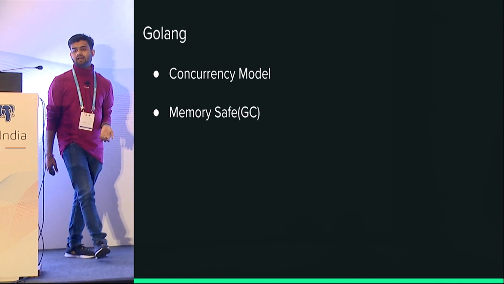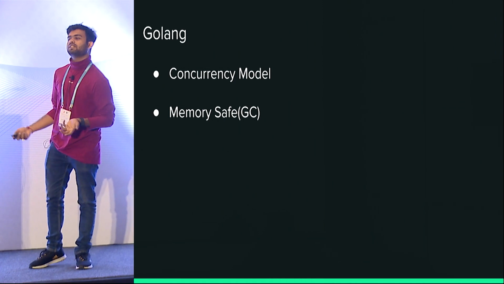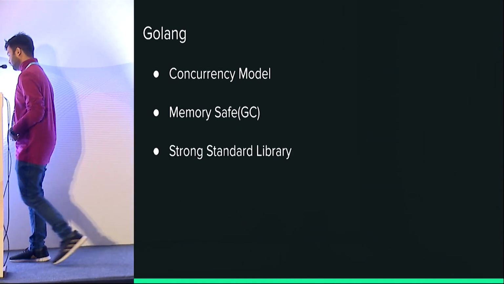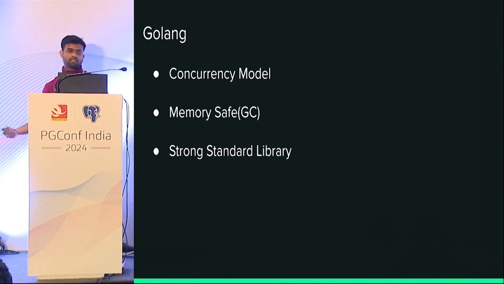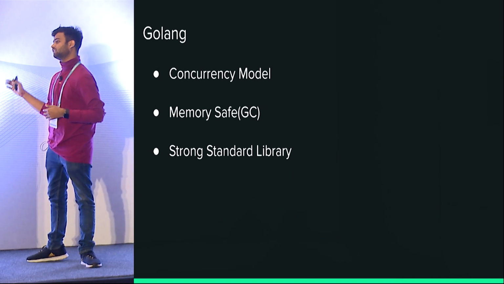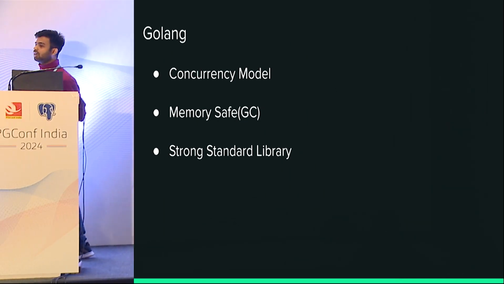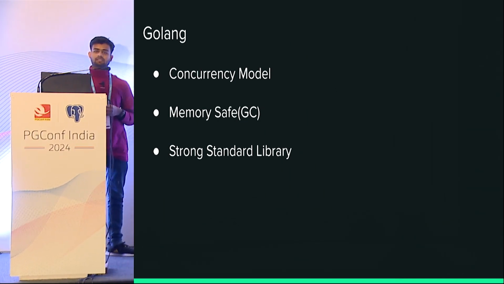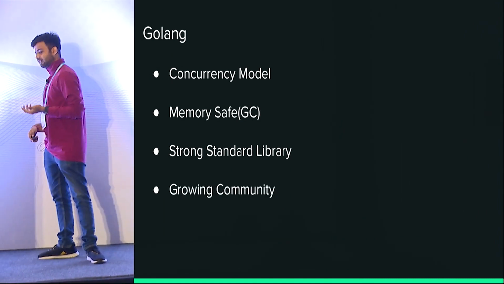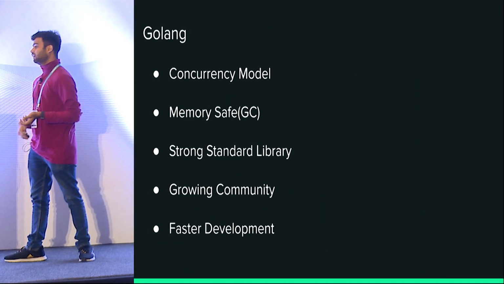And then, of course, we have GC, so it's memory safe. Again, the strong standard library, like for SQL, it has a package called database/SQL. All the operations and functions are built in, in the standard library. So it has a good standard library, and of course a growing community.